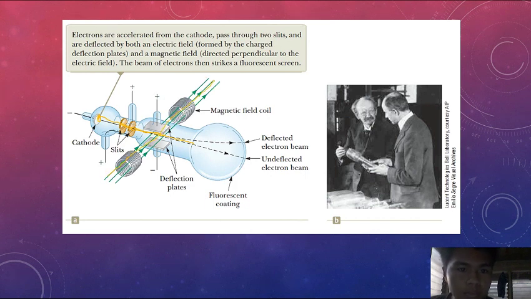This is our electric field here, and a magnetic field. This is our magnetic field. Then, the beam of electrons strikes the fluorescent screen.